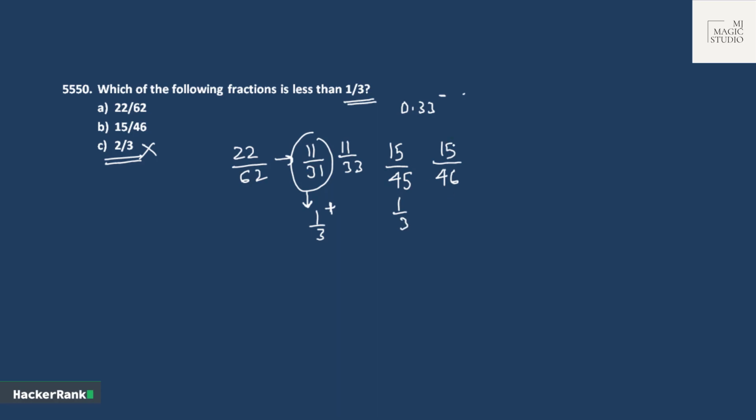As you increase the denominator, keeping the numerator constant, the value decreases. That means 15 by 46 is less than 1/3. Option B is the pick.